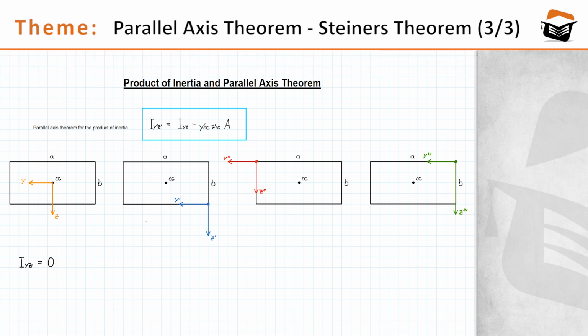As for the second coordinate system, which I have labeled as y prime z prime, the origin of that coordinate system is at the bottom right corner of the rectangle. For this one, the math will not be quite as simple, but it will be more than manageable.